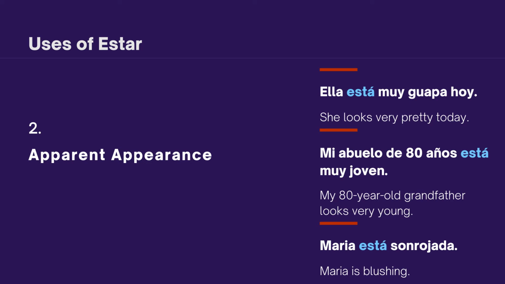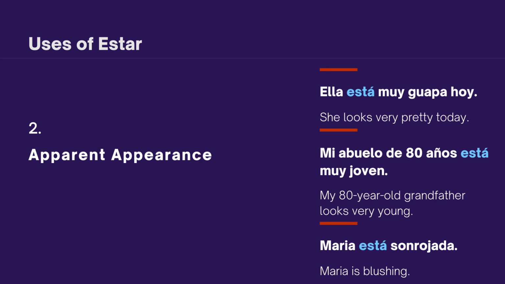Okay? And the last one we have, María está sonrojada. María is blushing. Okay? So now, sonrojada means blushing. So, of course, that sounds more like a physical characteristic, right? Like someone is blushing, right? The problem with this is that sometimes people are not blushing, especially if they are white-skinned, right?